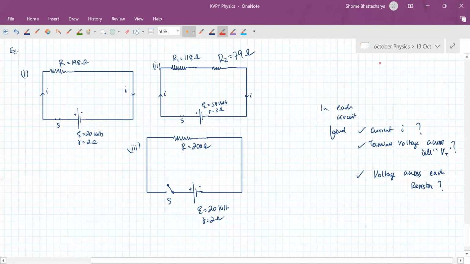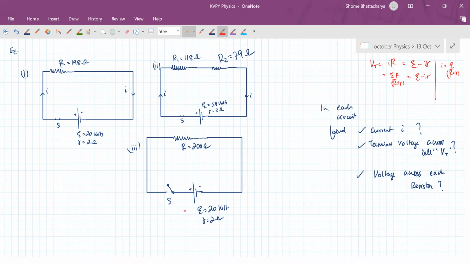No, it is, see, this terminal voltage, which is I into capital R, is the same thing as actually E minus I into small r. This is how it's becoming this one. It's the same thing because you have this relation that I is E divided by R plus r. Clear now? Yes.